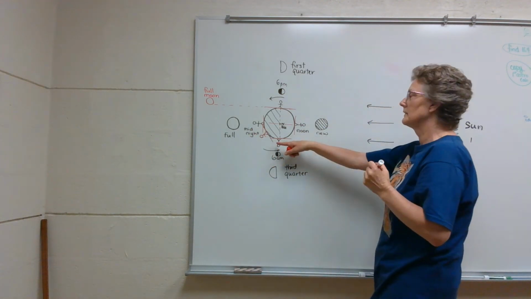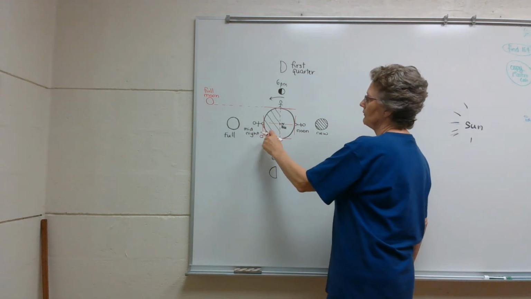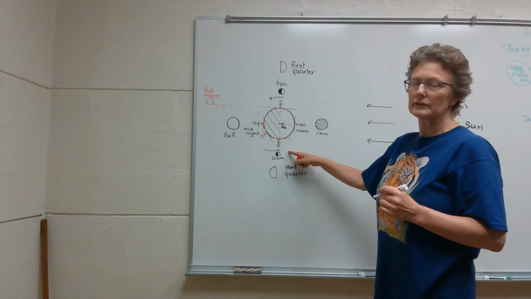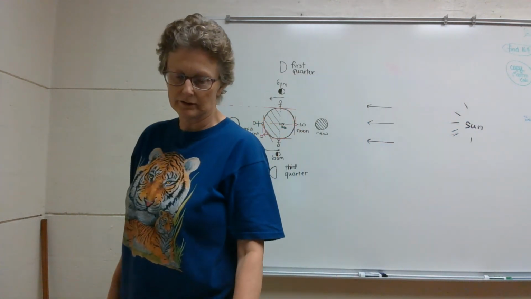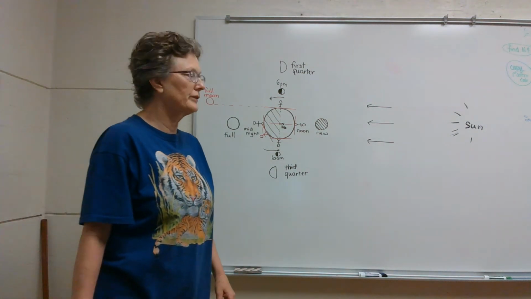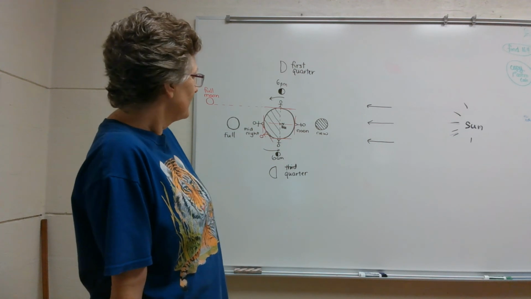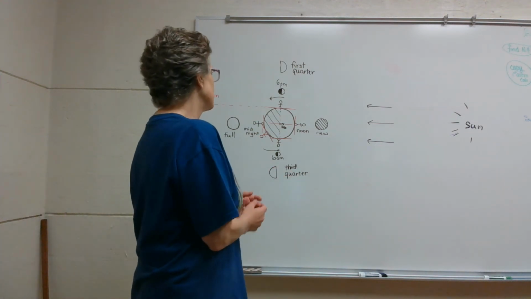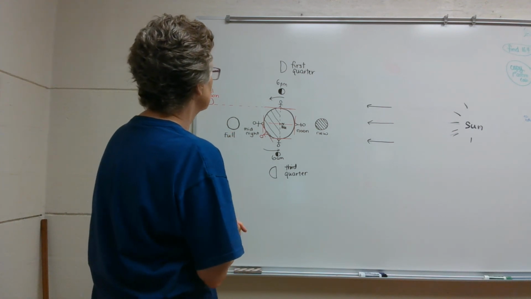But when you get to here, your horizon is just falling off the other side, so you're just about to lose the full moon. So when the moon is full, you might see it just before you go to bed at night, and then if you're a reasonably early riser, it's still going to be there in the morning. So it should be up through the night, through those 12 hours.